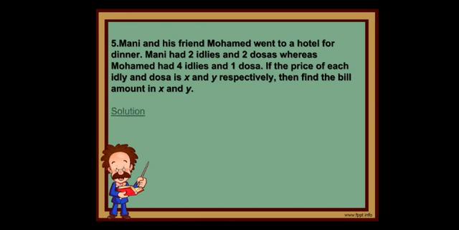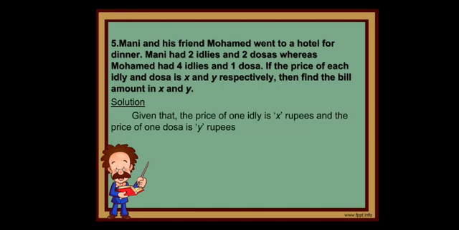Since Mani had 2 idlis and 2 dosas, the price of 2 idlis is 2 into x and the price of 2 dosas is 2 into y. So 2x plus 2y. Okay, this is Mani's bill amount.